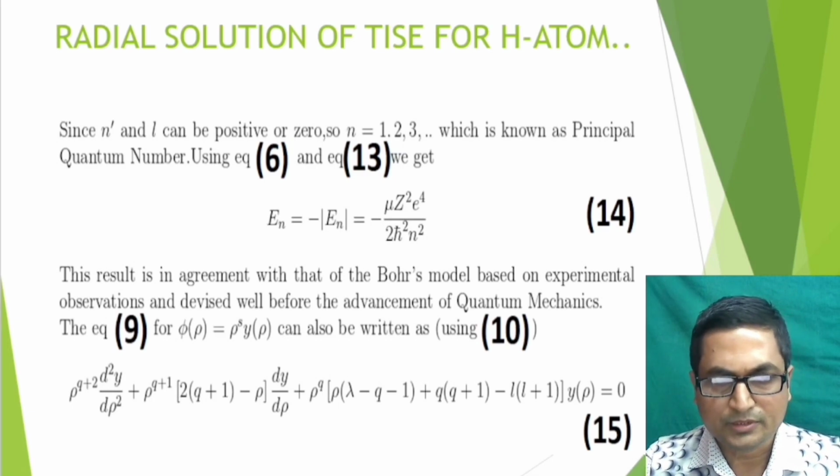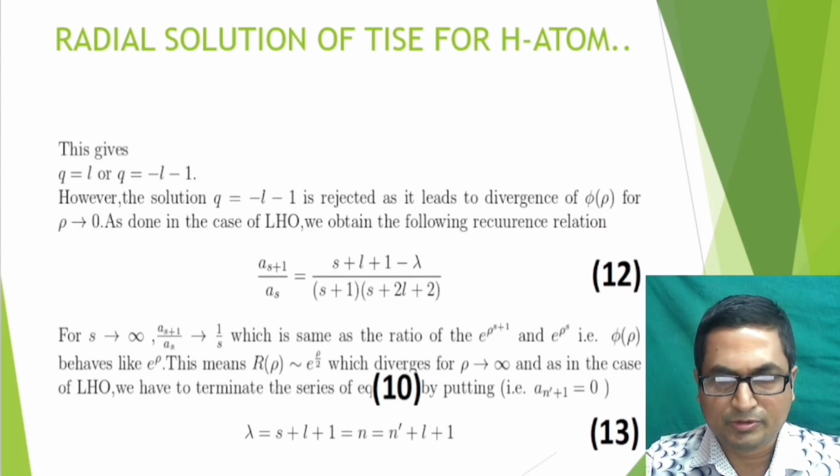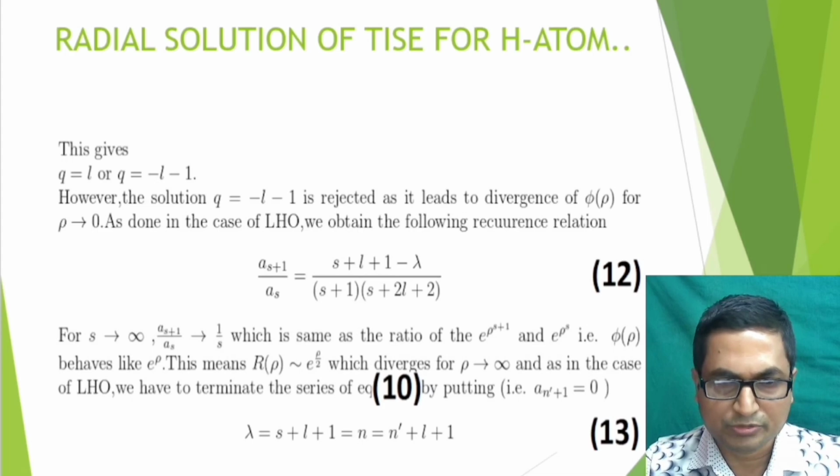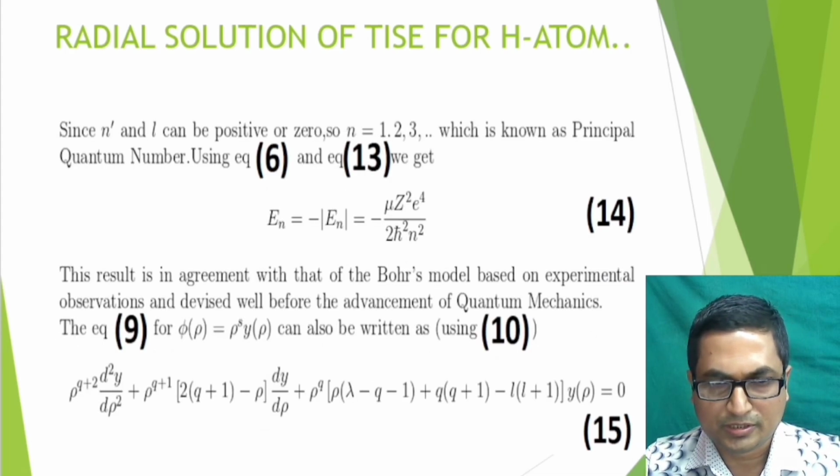Now, using this, equation 9 would become this one that's given by equation 15. If you remember equation 9 here, with the replacement by 10 it would lead to this equation, and ultimately we're left with equation 15.